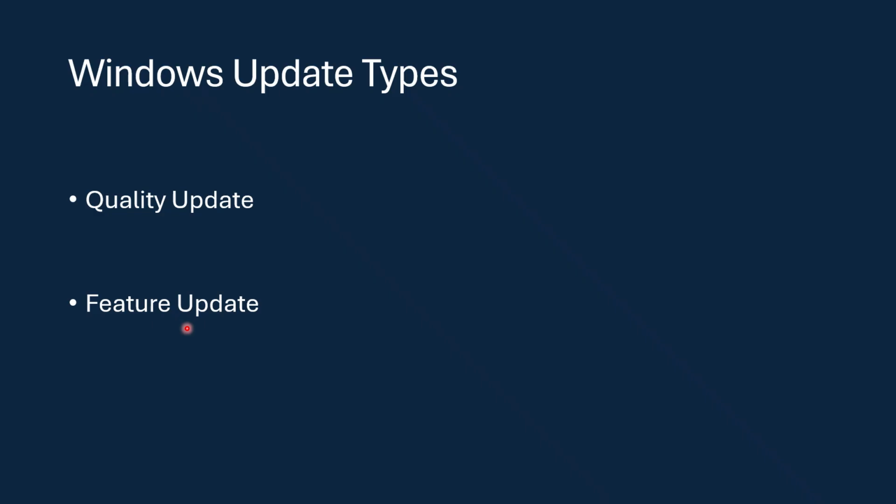They may even change the feeling and the look of your desktop. It will totally change your Windows. So they are quite big updates. So, quality update and feature update.